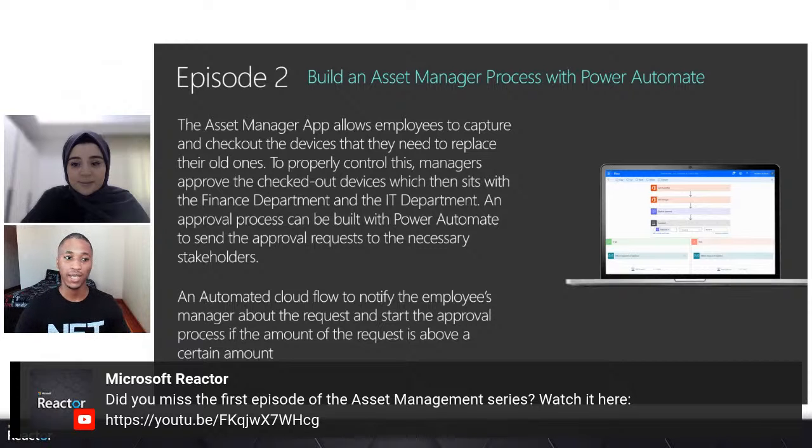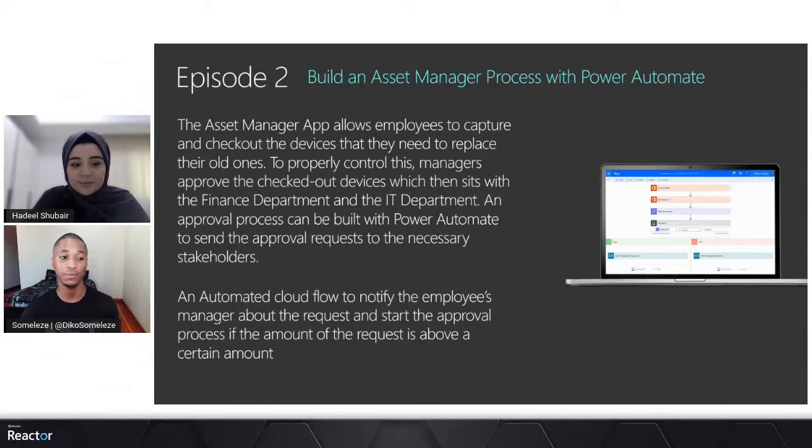The Asset Manager app allows employees to capture and check out the devices that they need to replace their old ones, and also for the organization to be able to properly control this. Managers need to approve the checked out devices, which then sits with the finance department and the IT department.